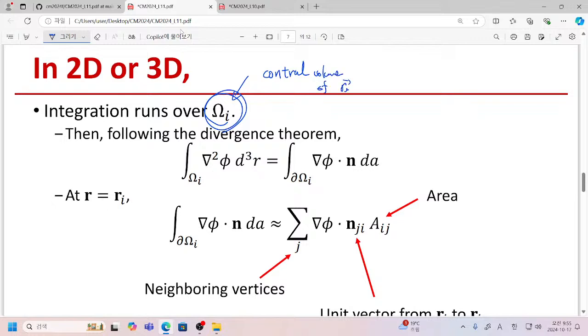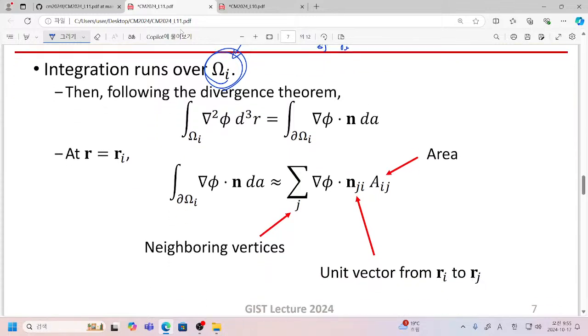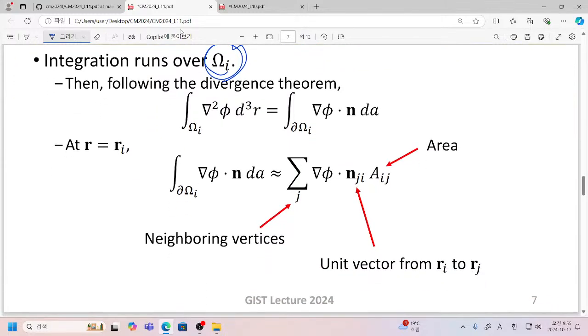The point is, any point inside this omega sub i is closest to R sub i. So over this omega sub i, we then just apply the divergence theorem.